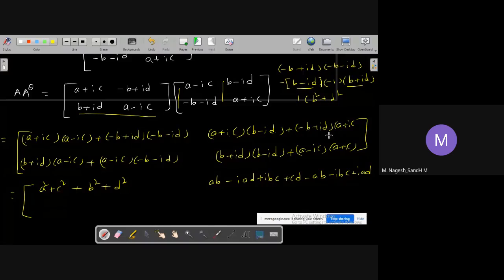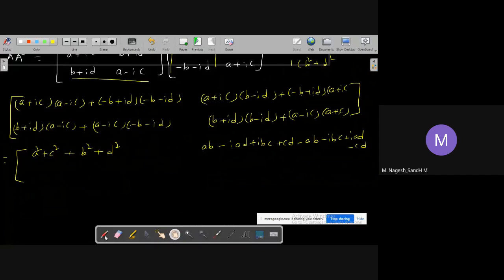Next, id into ic, i square cd, which is minus cd. Now next, b into a, ab; b into minus ic, minus ibc; id into a, iad; id into minus ic, minus i square cd, plus cd.